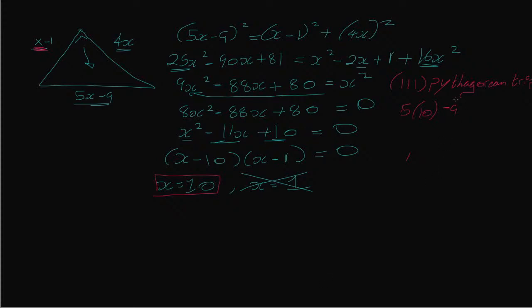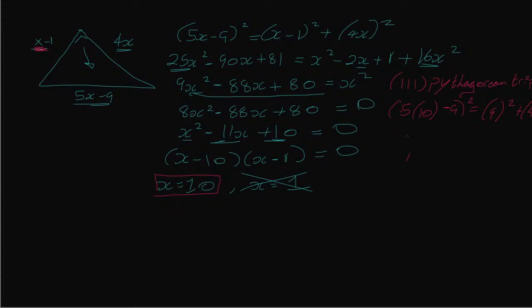Things seem to have glitched there, but anyway, so this 5 times 10 minus 9, that'll be 41 squared, and we'll just keep subbing in the values. So then x minus 1, that'll be 9 squared, then plus 4 by 10, which would be 40 squared.